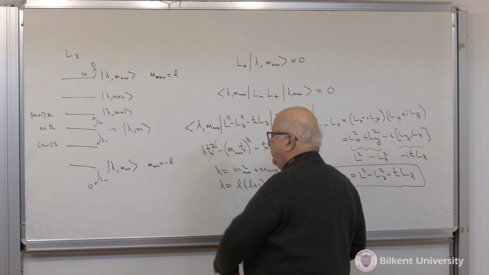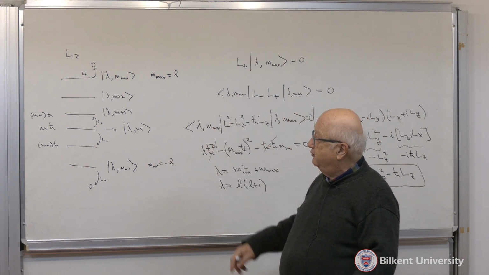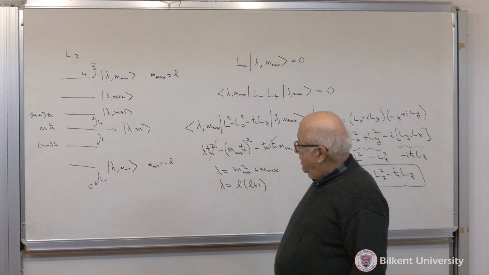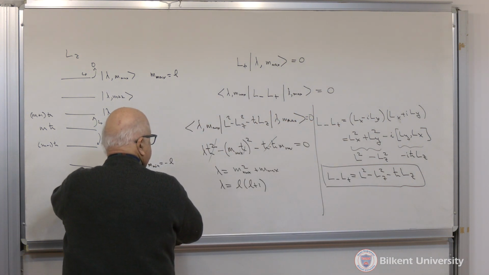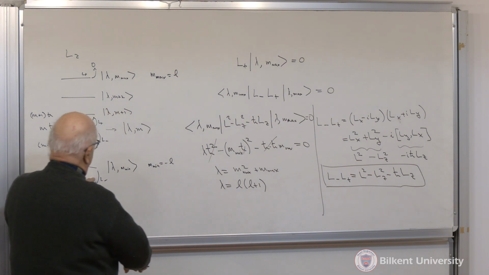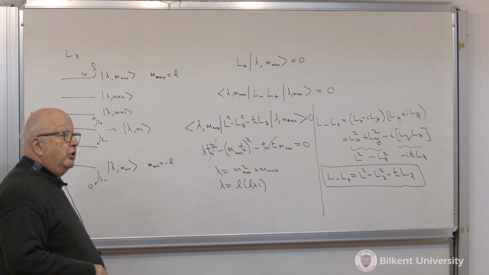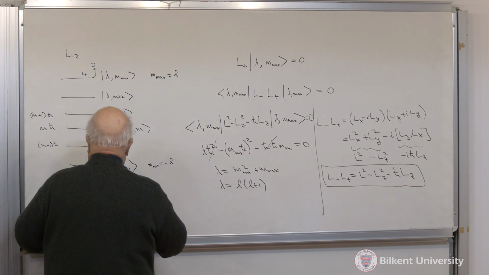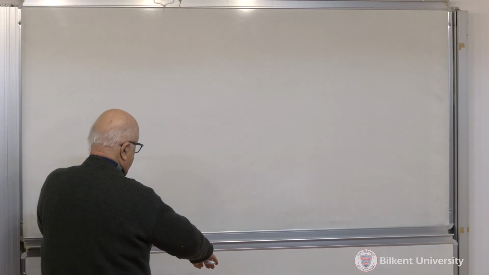Let's just verify that the other limit also holds. It should hold, but for the exercise, let me continue it over here. Let's look at what happens when I try to lower this lowest eigenvalue by one step. The algebra is going to be quite parallel.